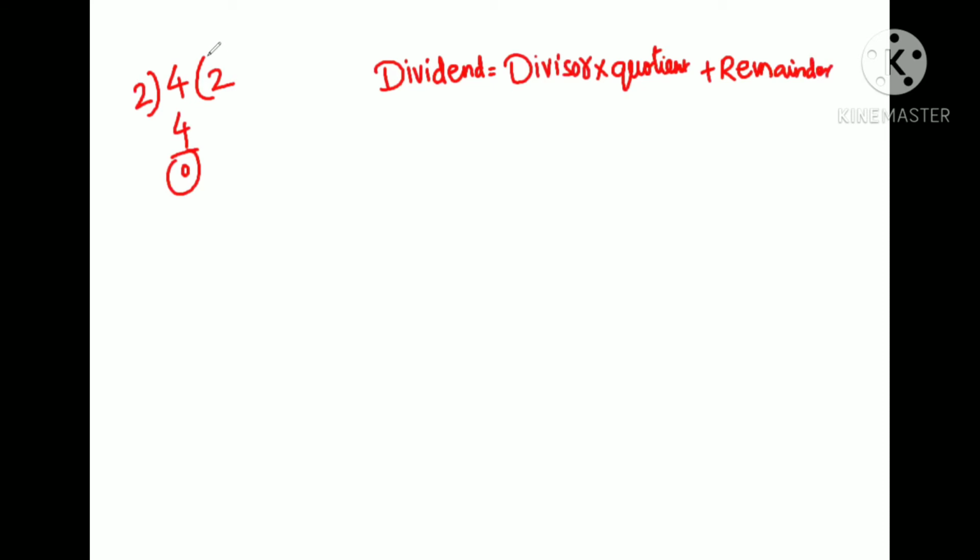The number which is being divided is the dividend, then the divisor, the quotient and the remainder. Here 4 is the dividend, 4 is equal to divisor 2 into quotient 2 plus remainder 0. So 4 is equal to 4. You get the same answer.